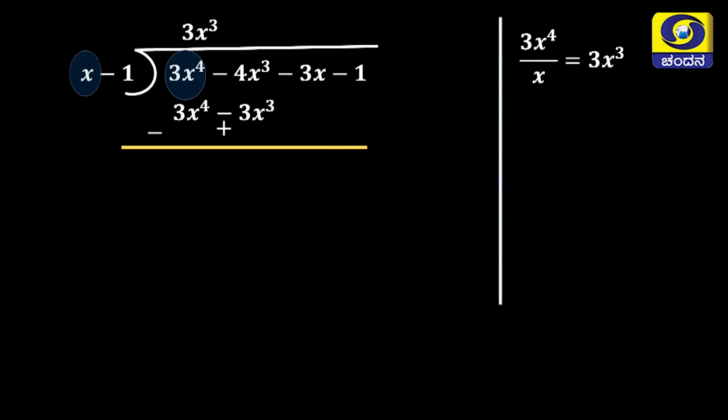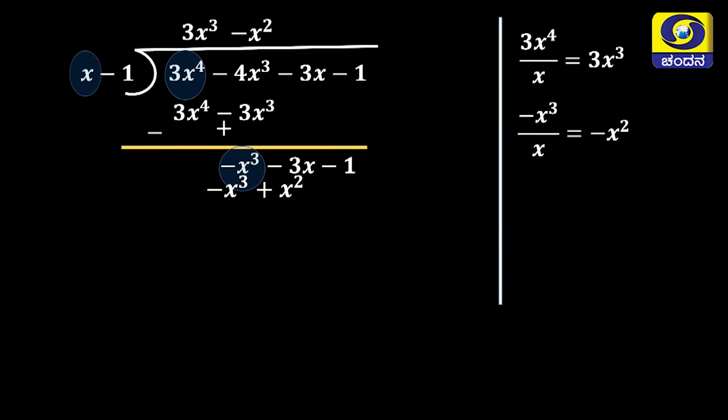Here is minus 4x cube plus 3x cube, so you have to subtract, and you will get minus x cube. Minus 3x and minus 1 are put as they are. Now we identify the term: minus x cube divided by x gives minus x square. Again I put minus x square. The next step is to multiply minus x square by x minus 1.